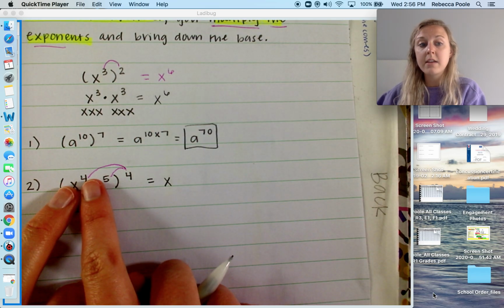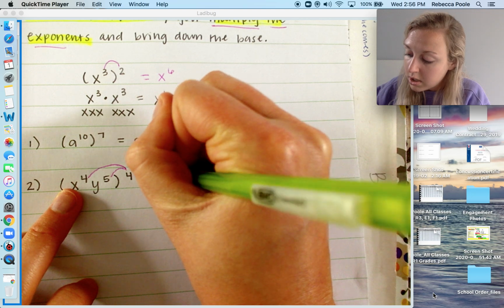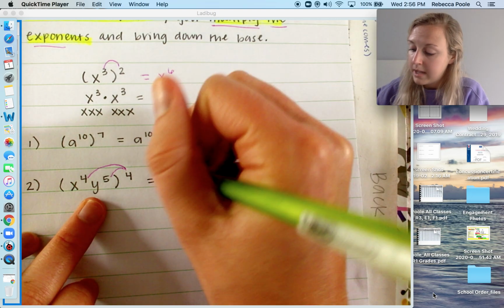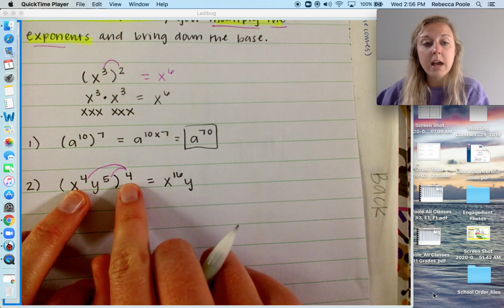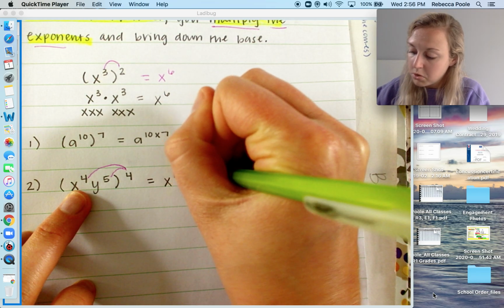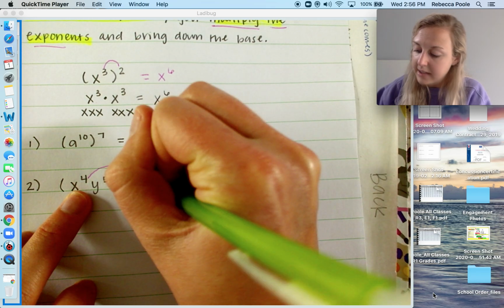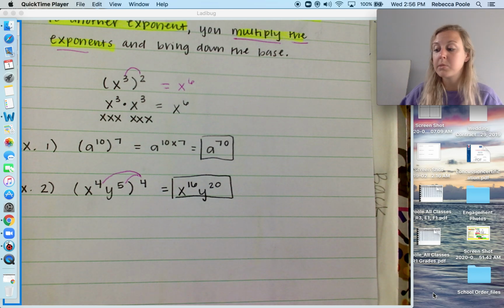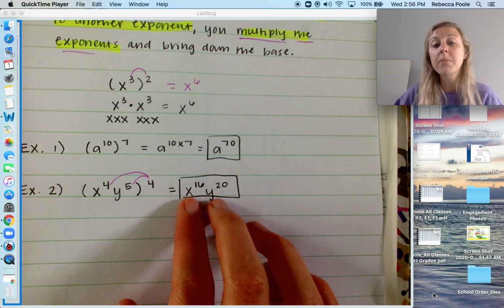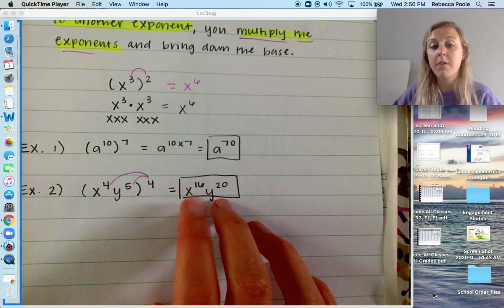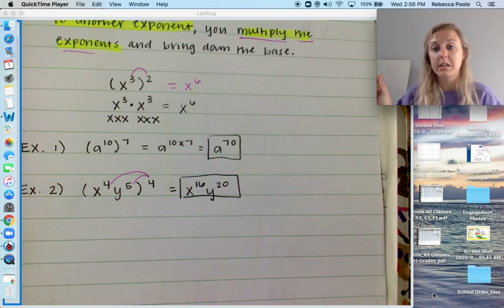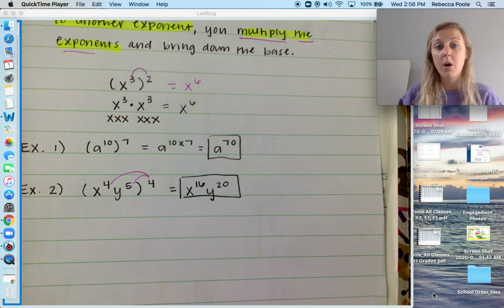So x, and then 4 times 4 is just 16. And then y, and 5 times 4 is 20. So this would be x to the 16th power times y to the 20th. And again, remember, we cannot simplify this any further. We can't combine x's and y's together because they're not the same letter, okay?